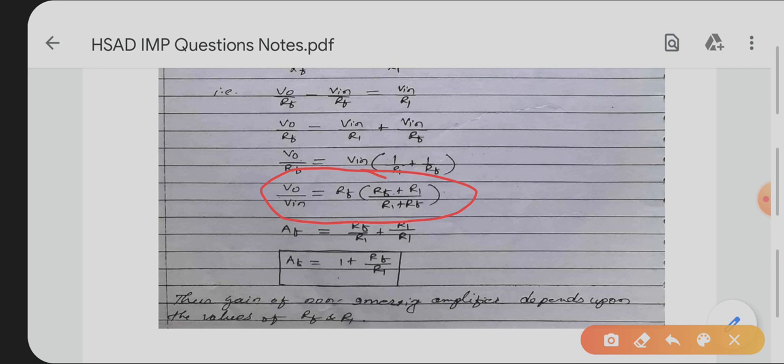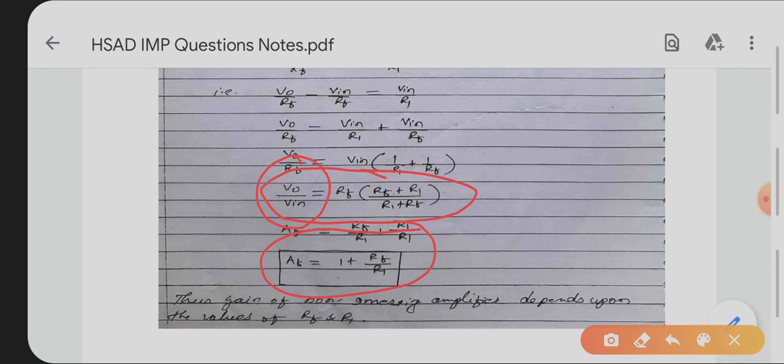What is VO by V in? VO by V in is nothing but the gain, which can be denoted as AF. So AF is nothing but the gain of the non-inverting amplifier, which is equal to 1 plus RF by R1, the final equation you have to keep in mind.